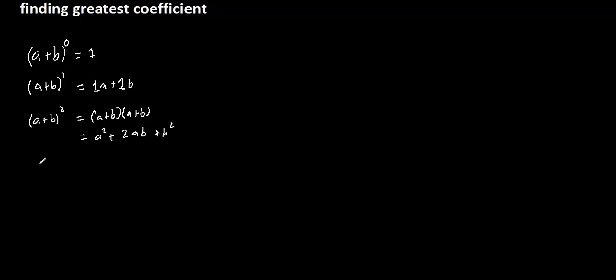Okay, a plus b cubed is just this multiplied by another a plus b. So I take a squared plus 2ab plus b squared, and multiply it with another a plus b. This a squared multiplied by an a gives me a cubed.